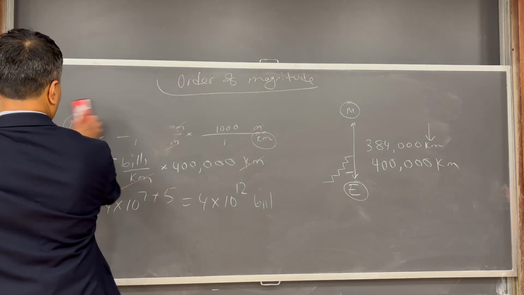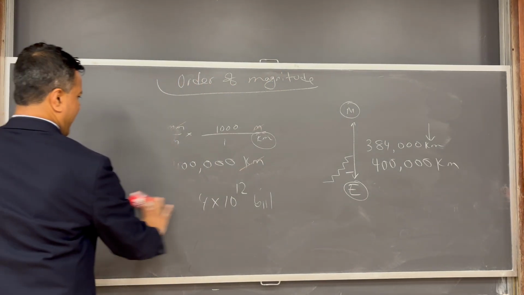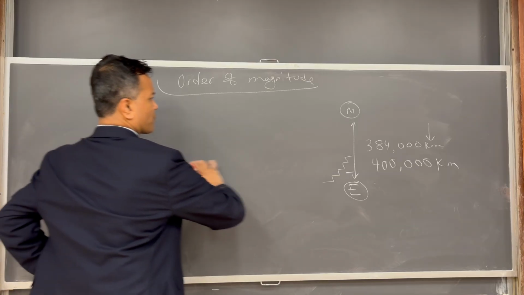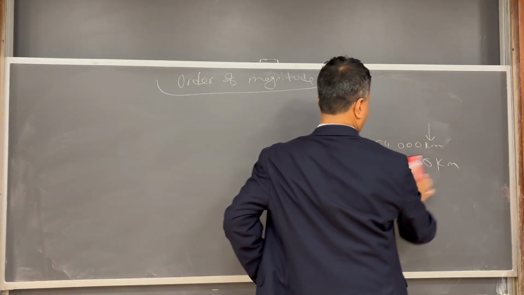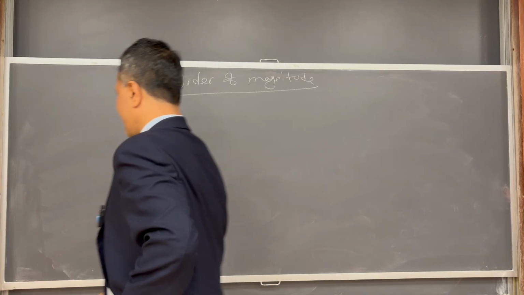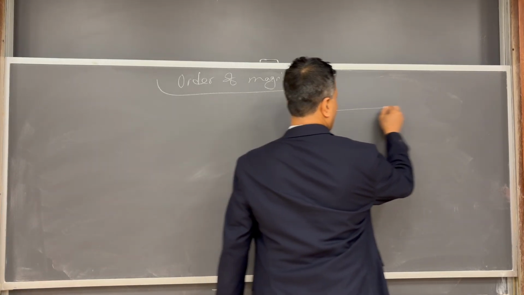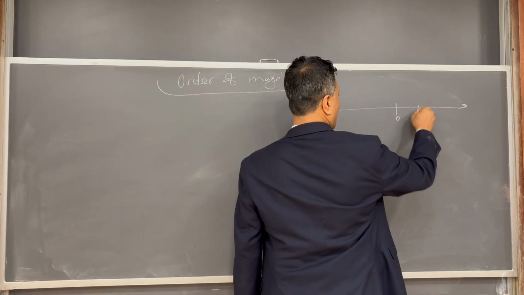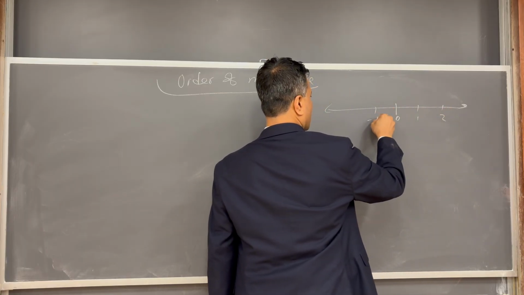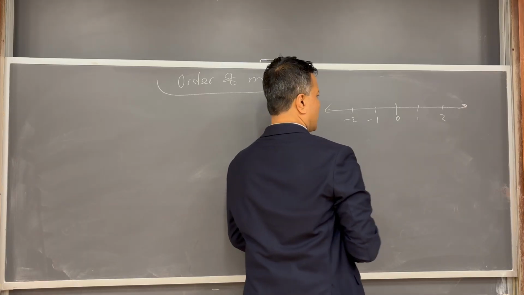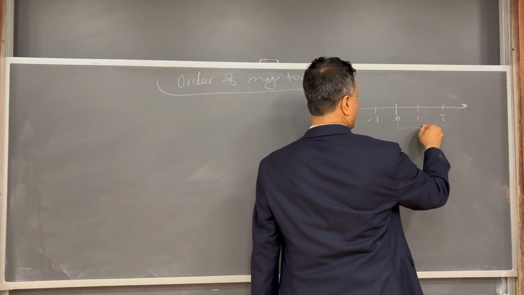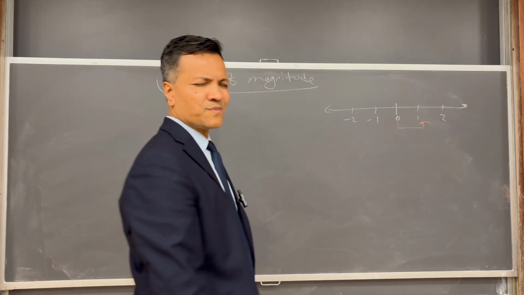Okay, so let's use the math. If I have a number line, if I have 0, 1, 2, -1, -2, what is the next of 2 consecutive numbers if the first number is 0, 1?